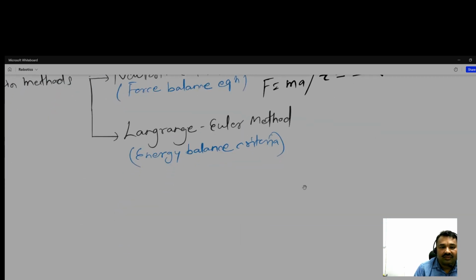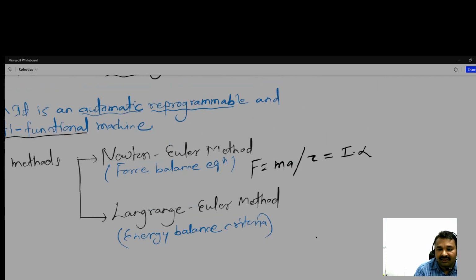So let us discuss the Lagrange-Euler method. Our focus is the Lagrange-Euler method. Why? Because from this the complex system can be solved. A robot may be not only a serial manipulator; parallel manipulators are there, and many degrees of freedom.